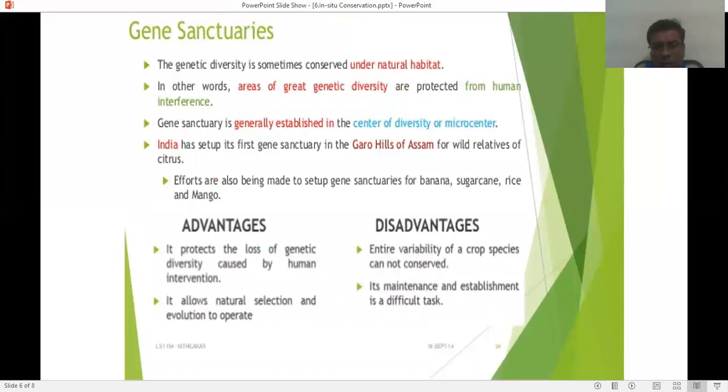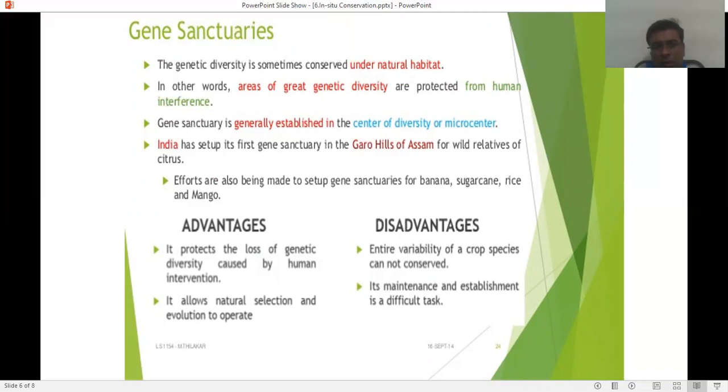And the next one is gene sanctuaries. This is one type of sanctuary. Here the breeding is supported to increase the population of that particular organism or plant. The genetic diversity is sometimes conserved under natural habitat.